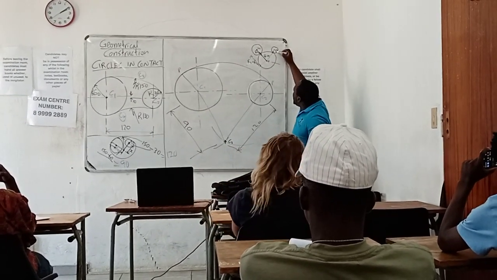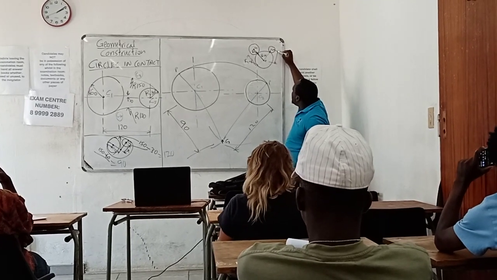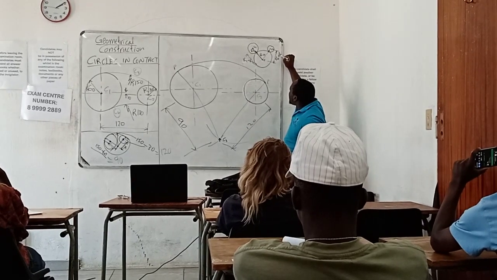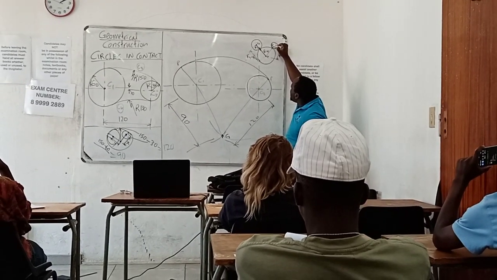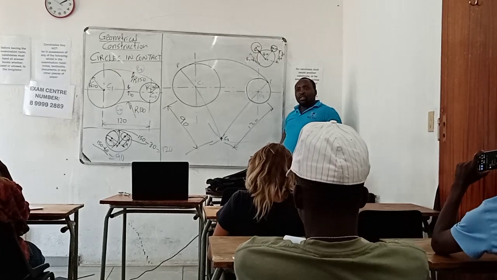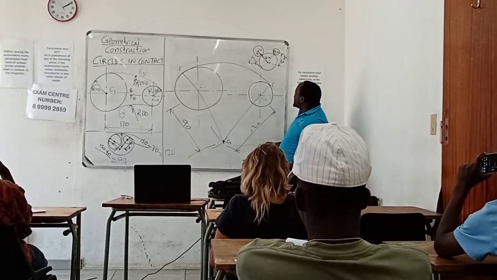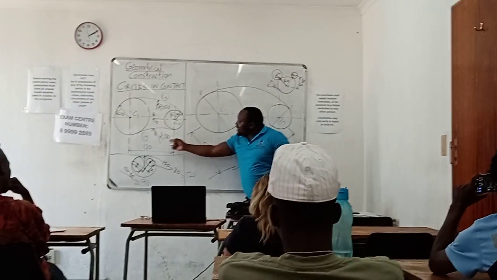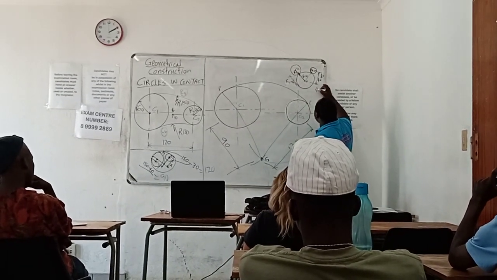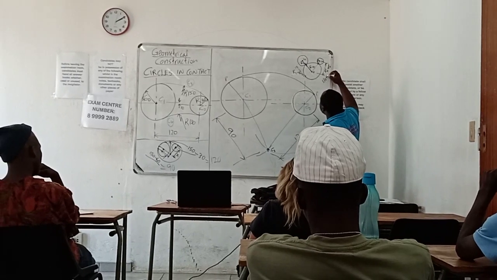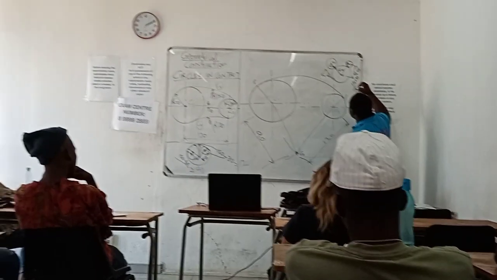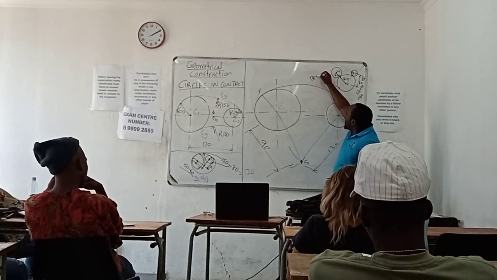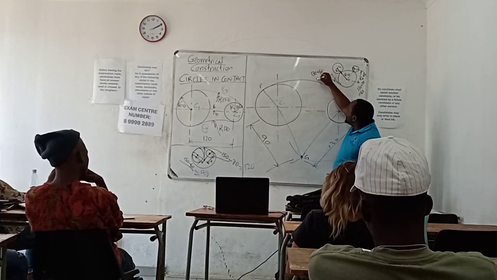So from there to there, I'll say radius 4 plus radius 3, if I call this R3. So I'm adding. So in terms of numbers, I'll say 130 plus 30, 160. This side is 130 plus 60 equals 190.